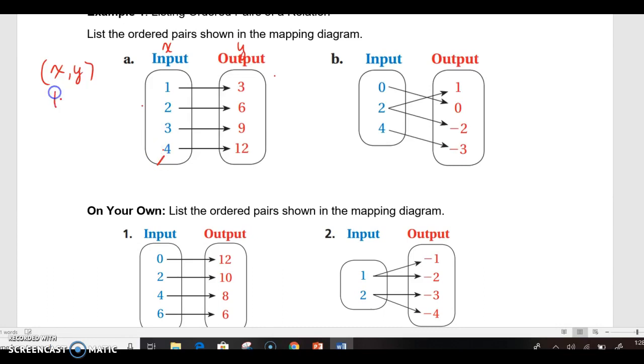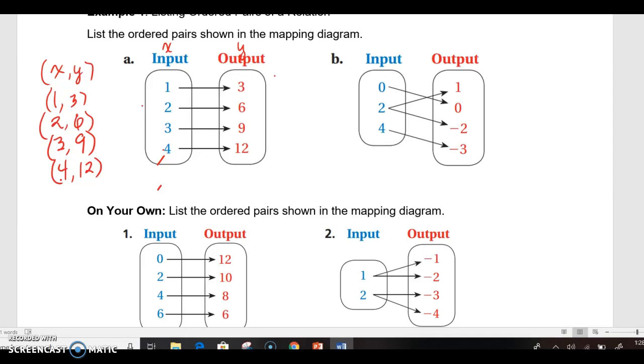So notice my first pairing is (1, 3). Then I have (2, 6), (3, 9), and (4, 12). Okay, so that one was pretty simple. You have 4 inputs and 4 outputs, pretty easy to match up.